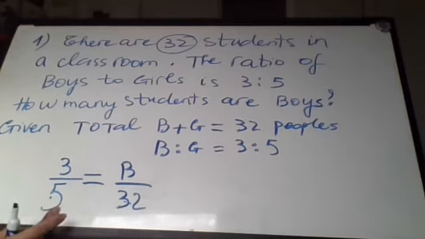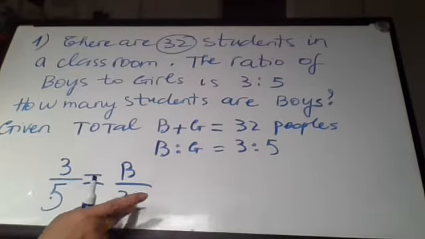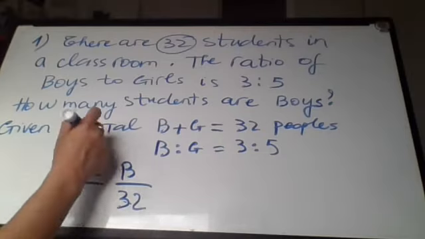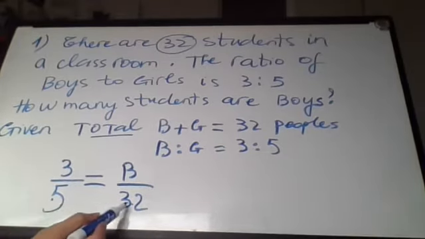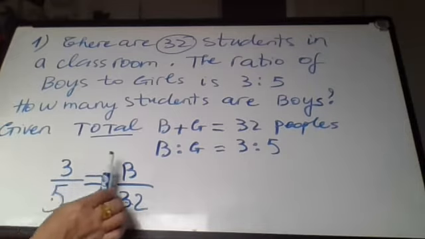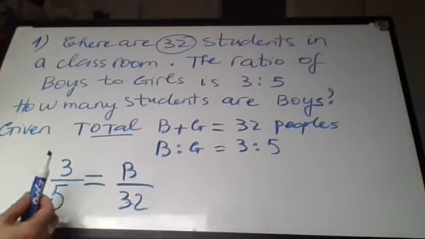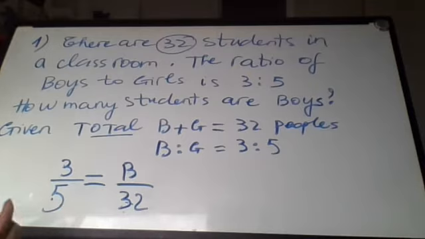But if we pair the 5 with 32, it's incorrect, because the 32 here is the amount of both boys and girls, not just boys or just girls. 32 is the total of boys and girls. So it's incorrect to say 3 over 5 equals boy over 32.